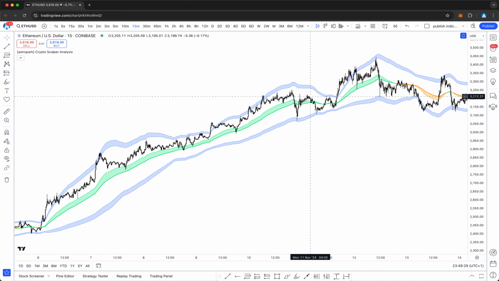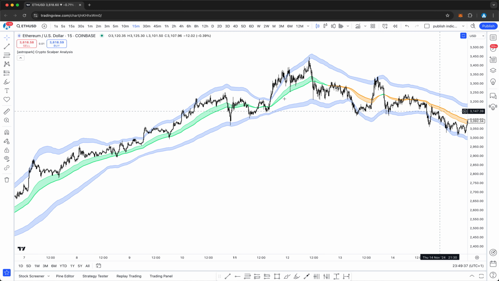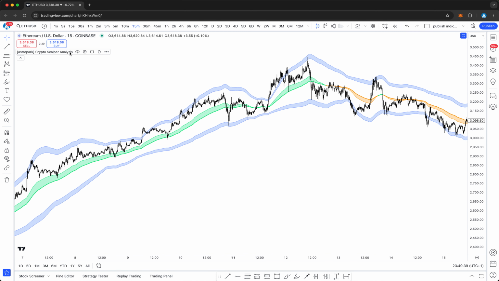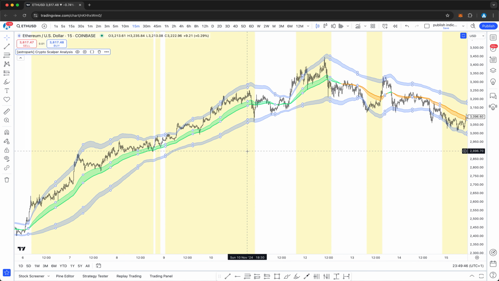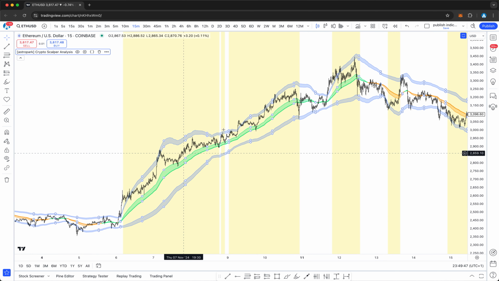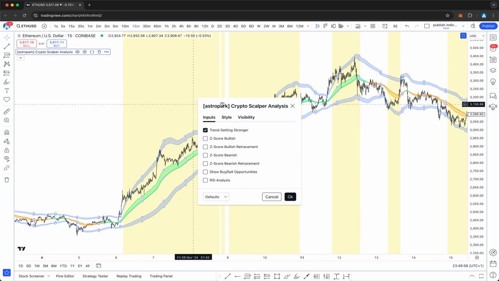You sell here, again you can sell here, but yeah, we had this move, but then the chop started. Okay, the trend was not strong anymore, and this is highlighted for sure by the indicator. Okay, not strong anymore, but now it's getting stronger in a bearish way.